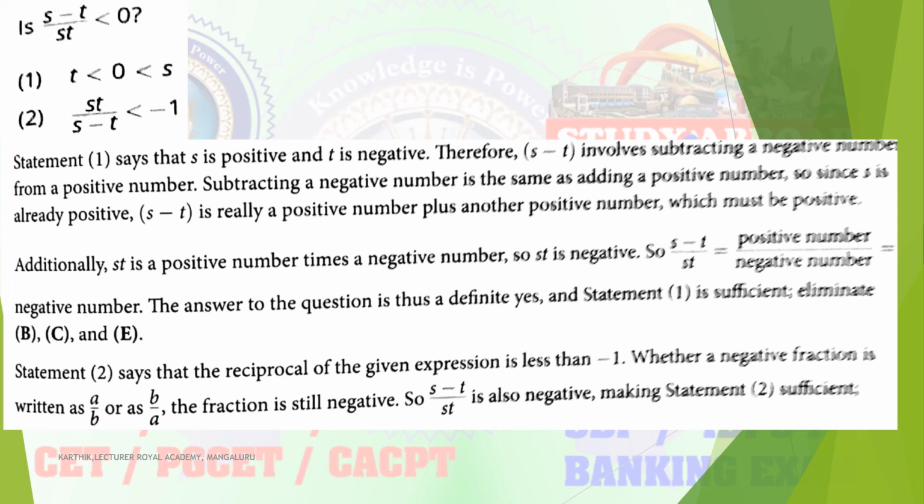So what happens? Plus 2, okay, I will take plus 2. t is equal to minus 1 and s is equal to 2. So just substitute 2 minus of minus 1, divided by 2 into minus 1.